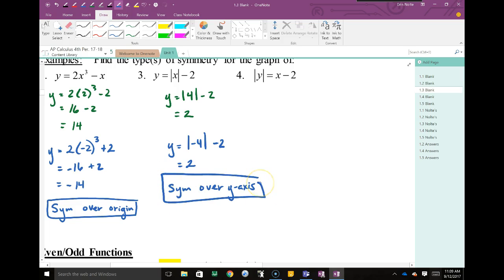Wouldn't 0 be okay for this though? Because it's at the x-axis. Yeah, it kind of is. Because I see what you're saying. It's not okay for the origin one because it's in the center. Yeah, because you hit 0 at different points on the graph. Yeah, I see what you're saying.